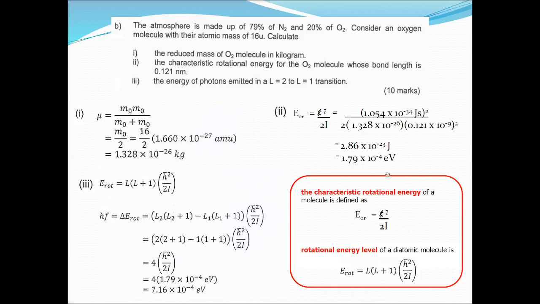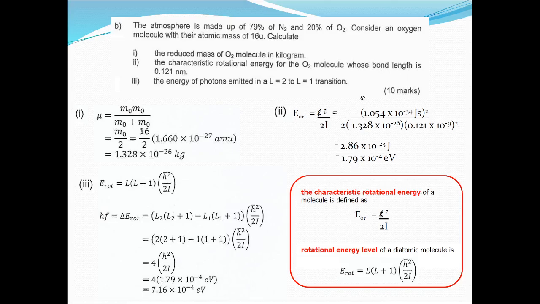If the question asks you to find the characteristic rotational energy, the equation is this one, E_rot at origin is equal to h bar squared divided by 2I. This is the characteristic rotational energy only for this one.